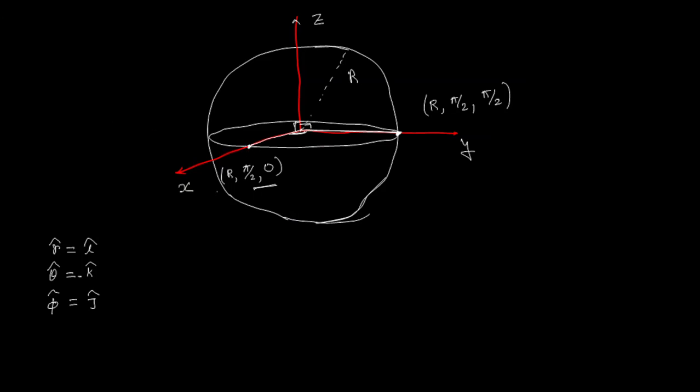So r cap will be in this direction, the positive x-axis at this point. R cap will be along this direction. Then if z is upward, minus k cap, that is the minus z direction, will be downward.